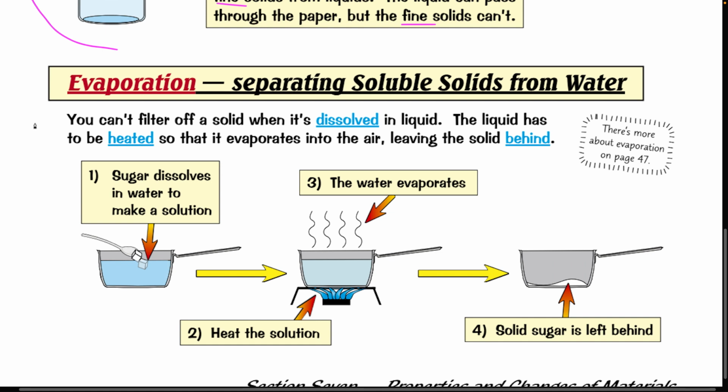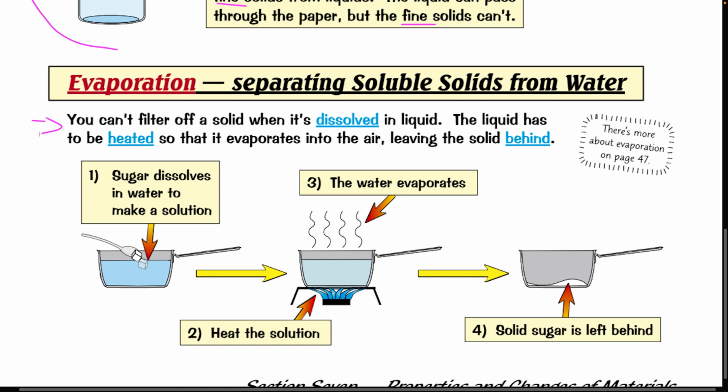And then we have this point here. You can't filter off a solid when it's dissolved. Sorry, I said I would always show you the original version. But listen to that. Dissolve. Dissolved, like a Z, dissolved actually goes more like that.